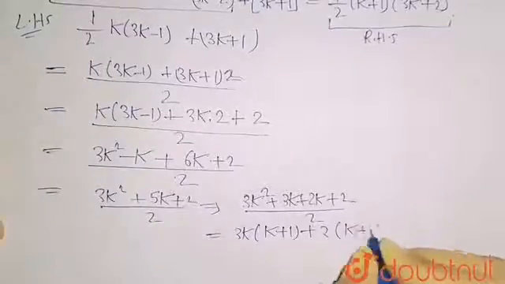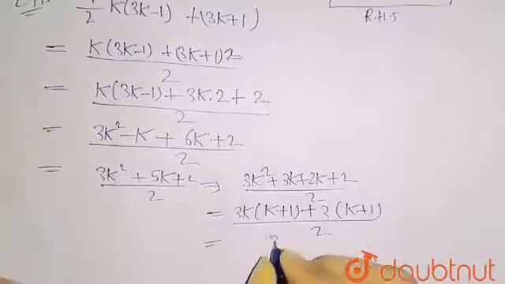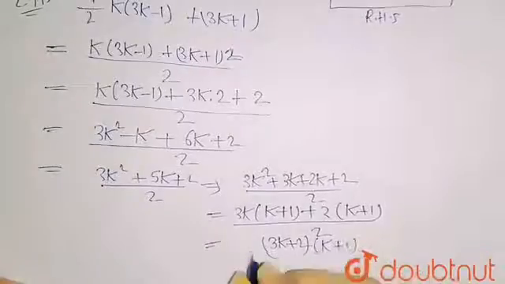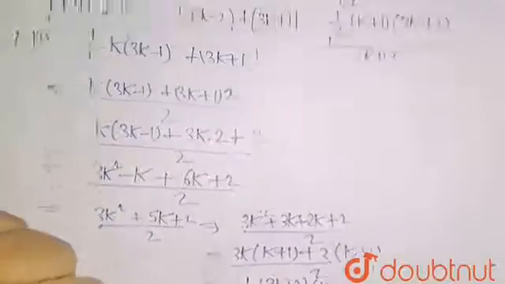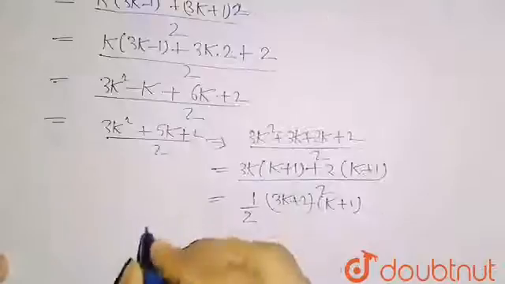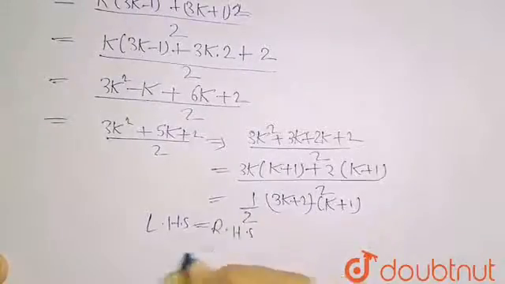So k plus 1 upon 2. Okay. So here I can write what? 3k plus 2, k plus 1 and 1 by 2. You can see it is same term as given in your RHS. It means what? That your LHS is coming equals to RHS.